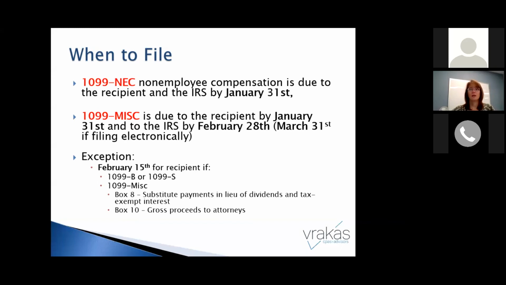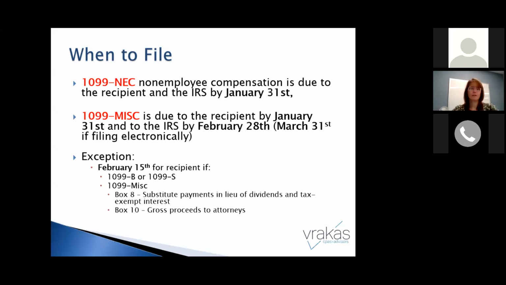Whereas previously, when you had just one information form, you had to make sure the non-employee ones were completed by January 31st, now you have two separate forms. One is due January 31st to the IRS. One is due February 28th to the IRS.